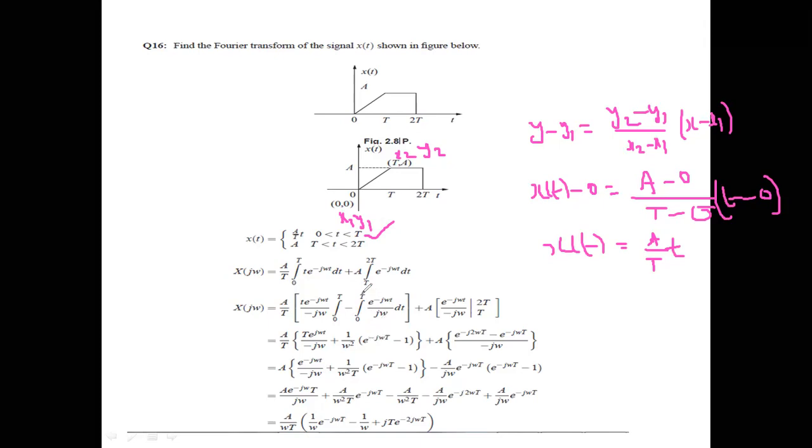After substituting the upper limit e power minus j omega T and the lower limit e power minus 0, which is 1. Okay, my dear students. Then here also A into e power minus j omega t, upper limit is 2T and lower limit is T minus 0. Alright.